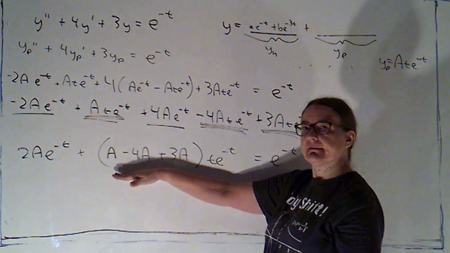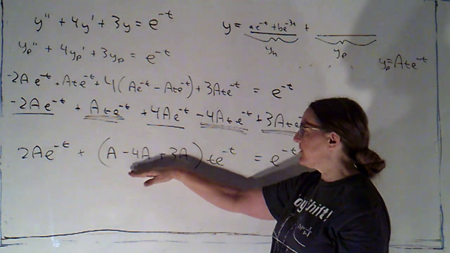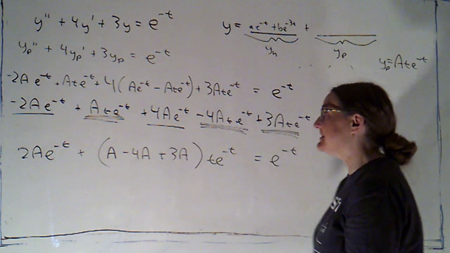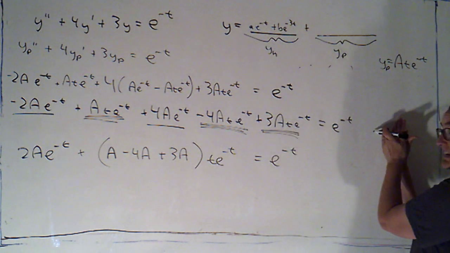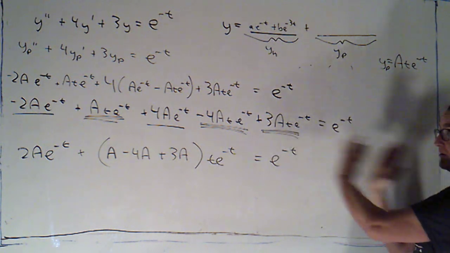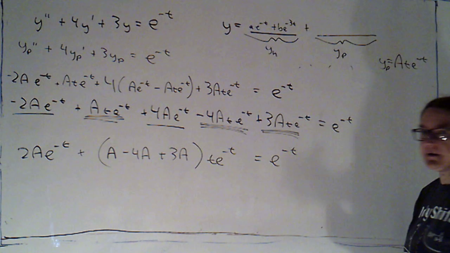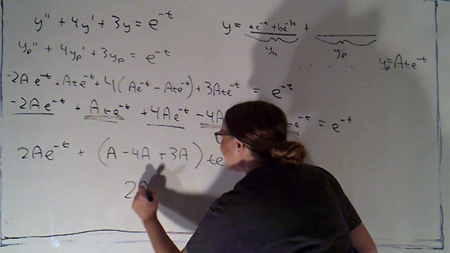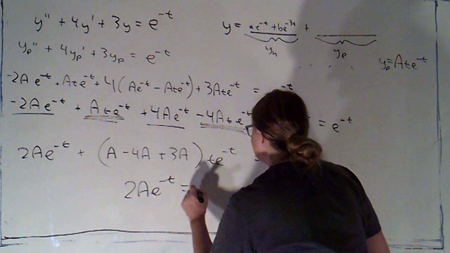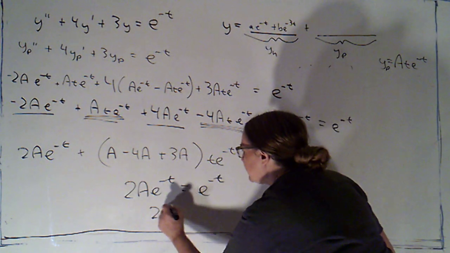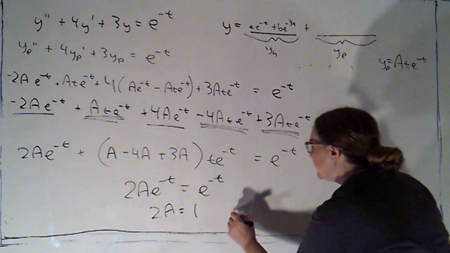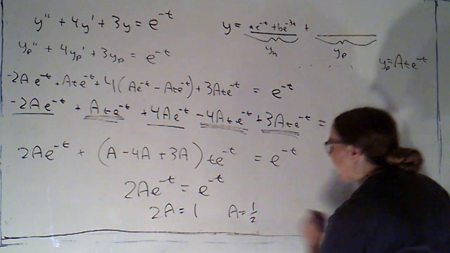How nice is that? A minus 4a plus 3a is 0, so that does drop out. We said there were no t e to the negative t's over here. They were going to have to drop out. They just did. So I need 2a e to the negative t to equal e to the negative t. That's going to, of course, work if 2a is equal to 1, so a would equal 1/2.